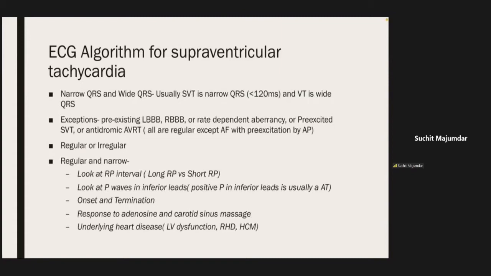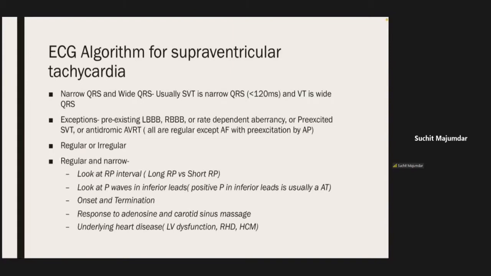And also you have to look at onset and termination. Usually AVNRT and AVRT will have an abrupt onset and abrupt termination, while if it is an atrial tachycardia or SNRT or something, those will have a gradual onset and termination.